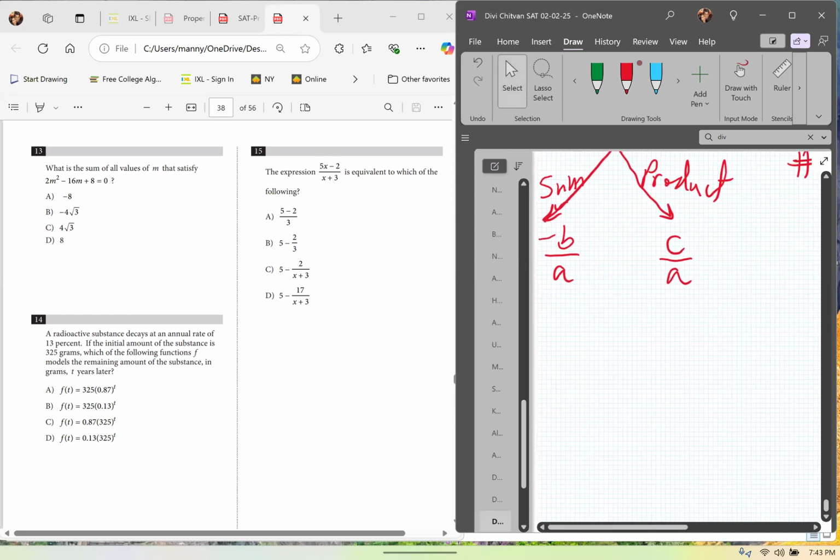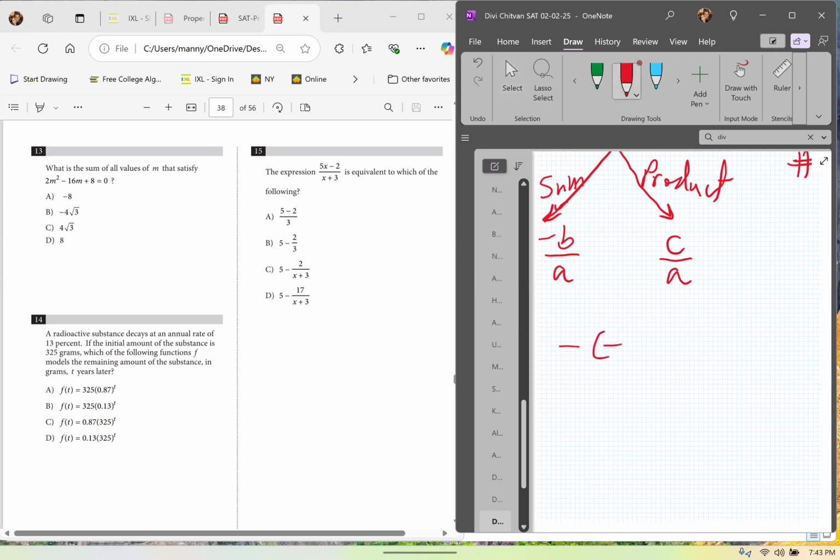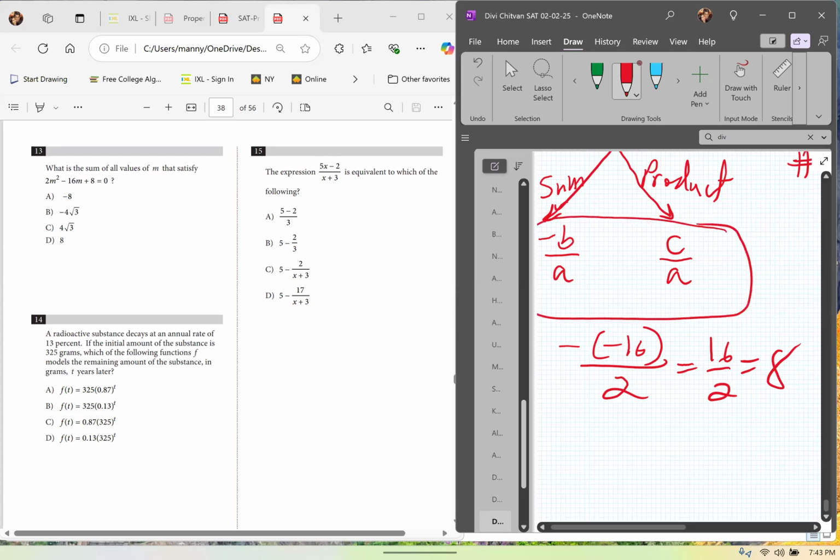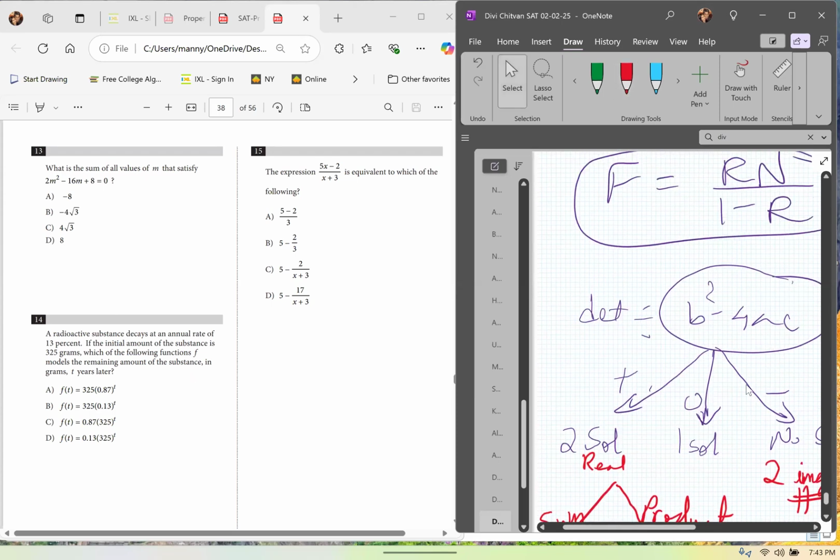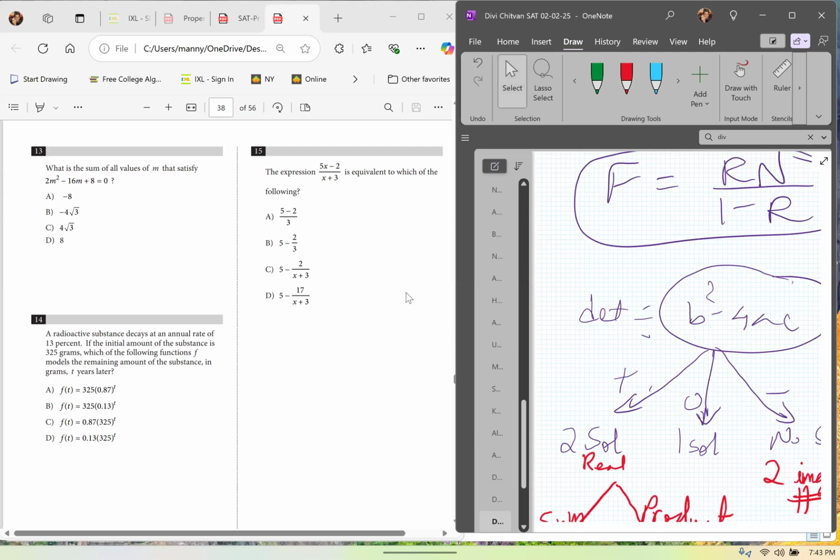You can just look at this and say, this is asking for the sum. So negative b is negative negative 16, and a is 2. 16 over 2, which is 8. You can do it in 5 to 10 seconds, right? So you don't have to solve for the whole thing and find all the values.